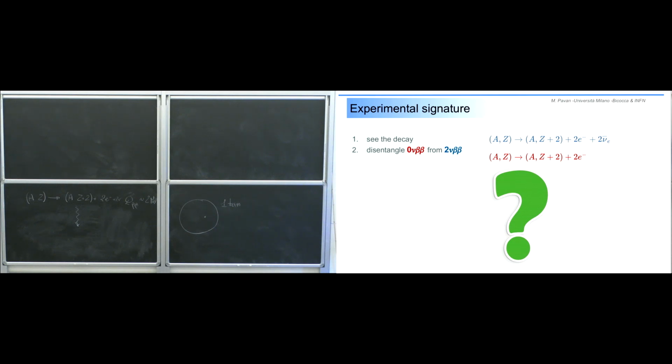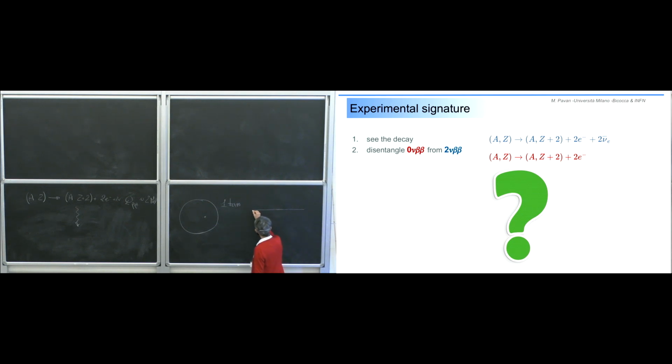Well, in general, the principle is that the source needs to also be the detector. So whatever these two electrons do, they can produce ionization hits or whatever. I need to be able to detect them when they are inside the source. You understand? There is a different solution that was adopted some time ago, and we still have one experiment, but it's difficult to scale in mass.